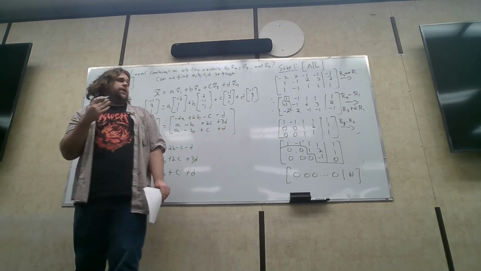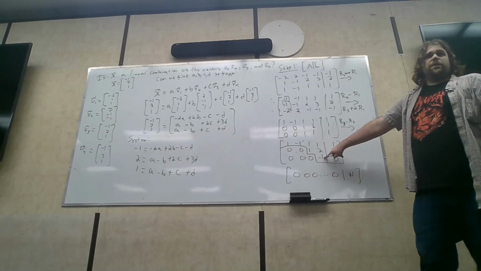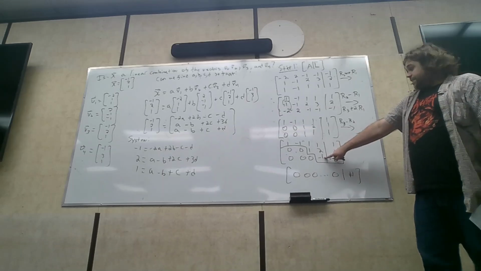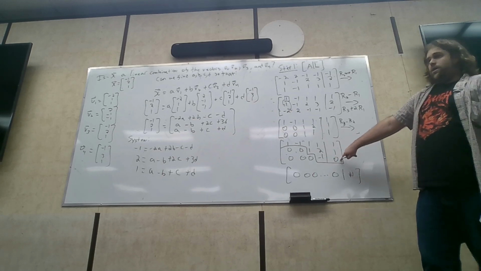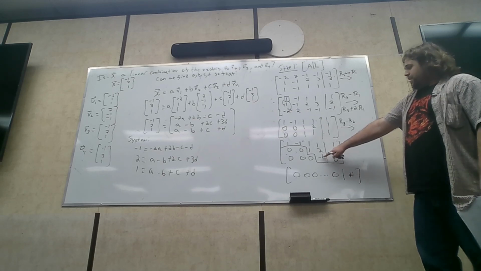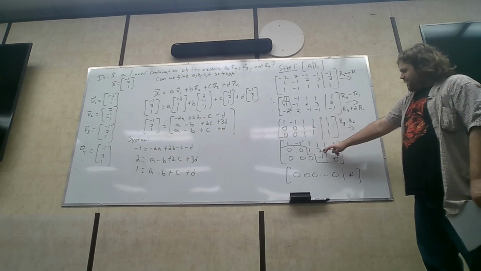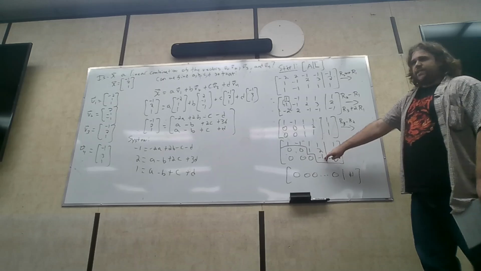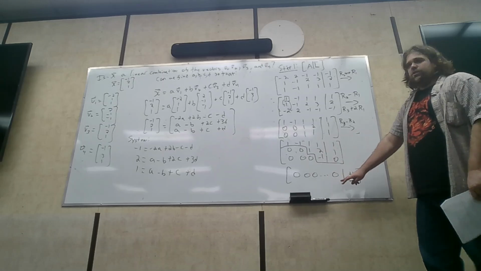It can't, right? Because what we would have to do is somehow this number is going to have to disappear, right? This 1 is going to have to become a 0. And then this would have to become non-zero, which all we're going to do is add this row to things above now in the process. So if we do that, then sure, these numbers will change, but this will stay a 1 or a minus 1, right? So we will never get something that looks like this.